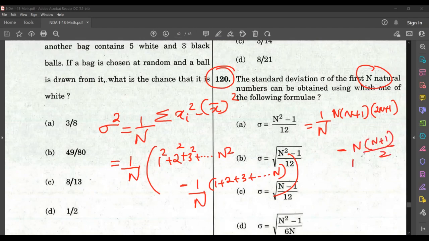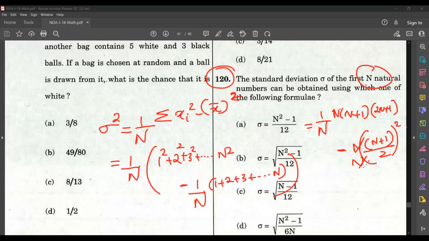Then in the denominator also we have one n. So just cancel those two n's. So this square is there, isn't it? So we have a square over here.